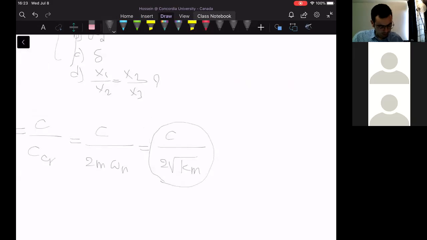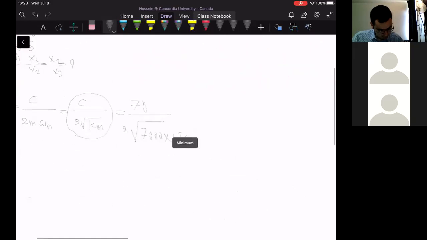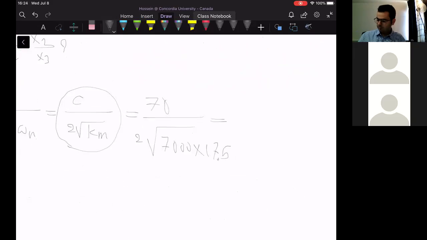So zeta is equal to C, which is given as 70, and k and m are also given, so you can easily calculate the damping ratio, which is equal to 0.1. 0.1 is the damping ratio, or in some references they say 10% damping.